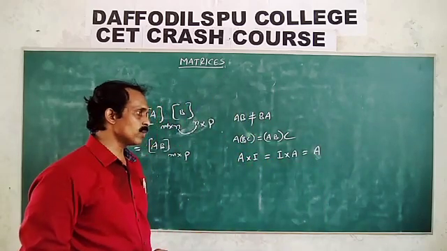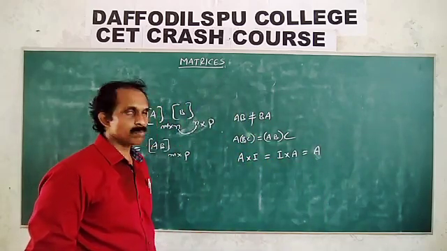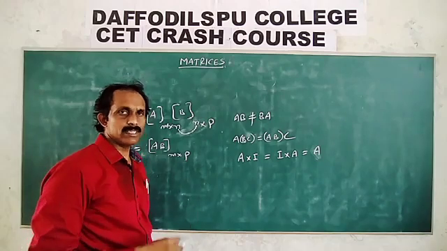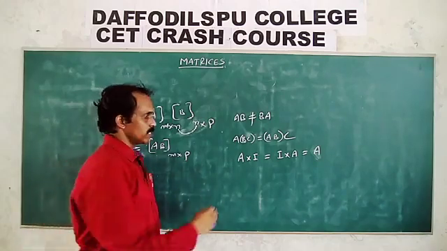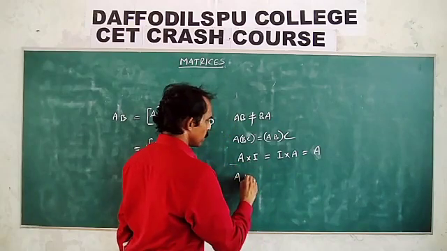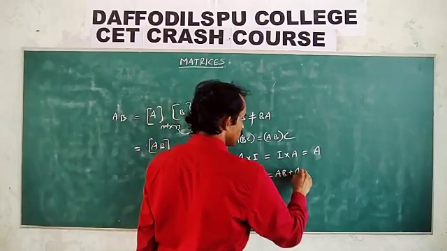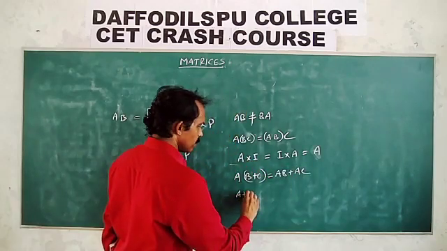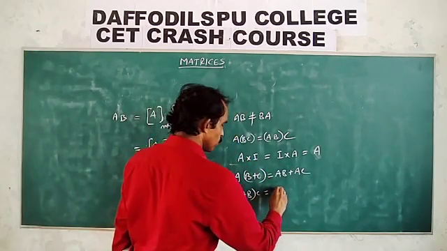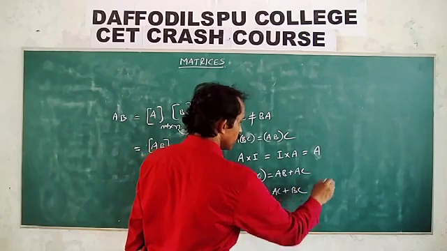A into I is equal to I into A is equal to A. That is the multiplicative identity. What is the multiplicative identity? I. Right? And the distributive law: A of B plus C is equal to AB plus AC. A plus B of C is equal to AC plus BC.